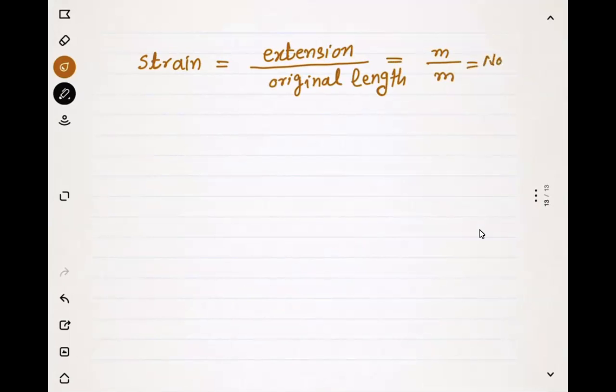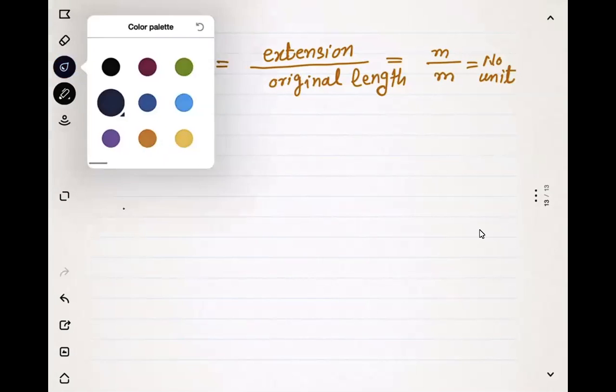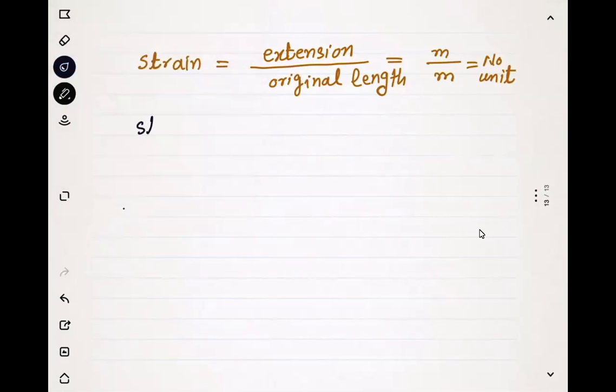So it has no unit. So strain has no unit or base unit. So the quantities which have no units or base units are called dimensionless. Strain is dimensionless.